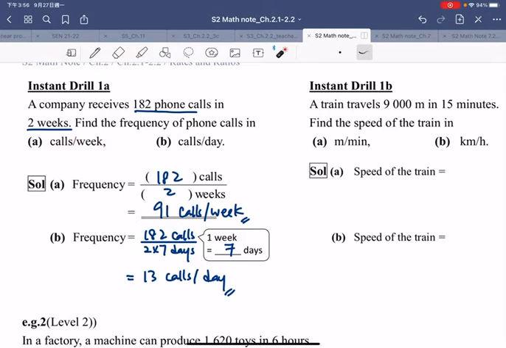So 1A part A, simply divide 182 by 2, so the answer is 91 calls per week. And then part B, there are 14 days in 2 weeks, so that means divided by 14. 182 divided by 14, so the answer is 13 calls per day.